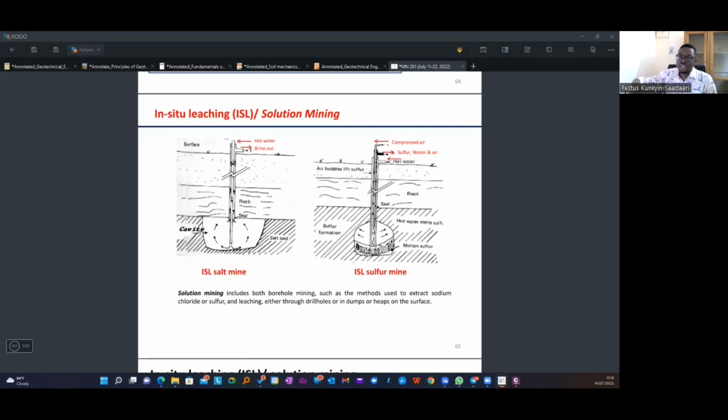You pump that in. Then after some time, when you know it might have dissolved the mineral I'm looking for, you pump back, you suction the liquid you have gotten to your processing plant and you do your processes. That is what in situ leaching is about.